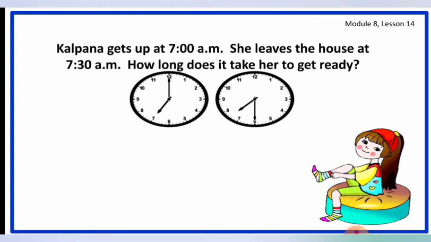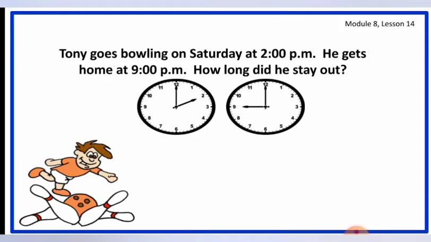So she spent how many minutes getting ready? Yes, she spent 30 minutes. From your clock, the minute hand moved from 12 to 6. And remember, 6 is what? 30. So she spent 30 minutes getting ready. Are you with your clock there?